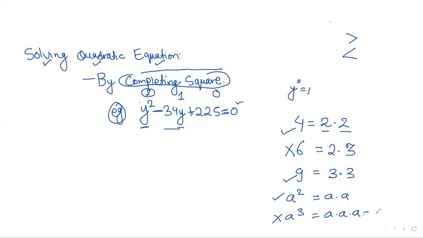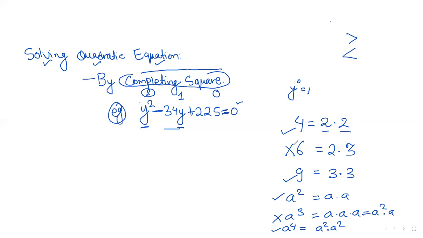Or you can express it as a square times a, but it is the product of two different things, one is a square, another is a. So this is not a perfect square. But if I give you a to the 4, it is a square because I can write it as a square times a square. Multiply something with itself and it gives you this number. So these are the basic square numbers and square variables that come up in algebra.